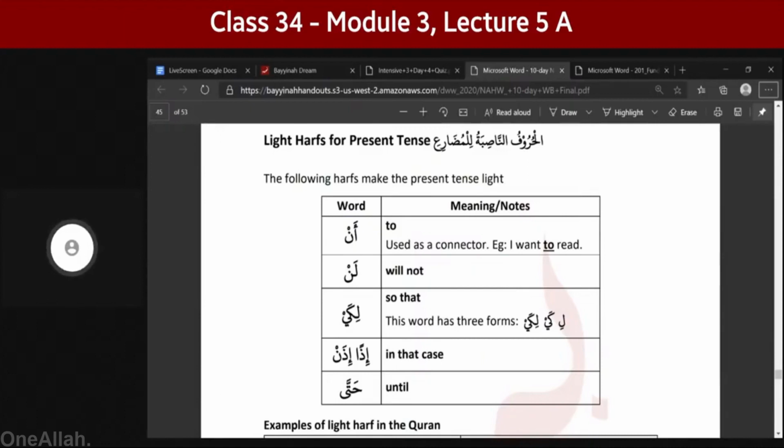If you see one of these followed by a present tense fi'l, then that present tense fi'l has to be light. Just like when we said, for example, harf of nasab. When we see a harf of nasab followed by an ism, that ism has to be nasab. If we see a harf of light followed by a present tense fi'l, that fi'l has to be light.